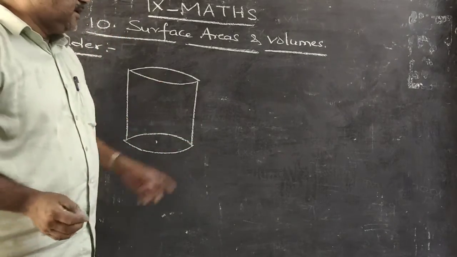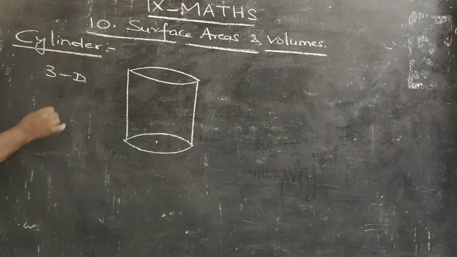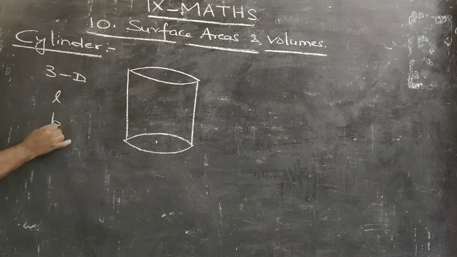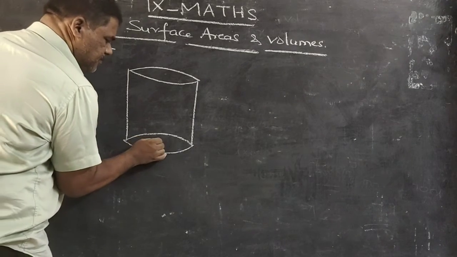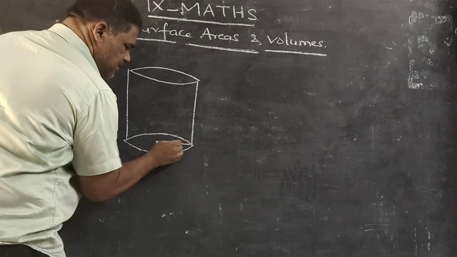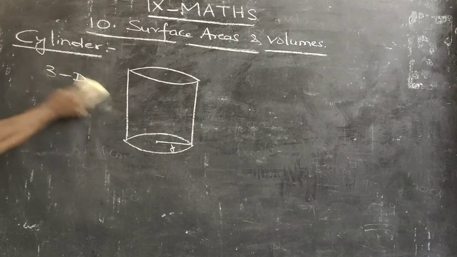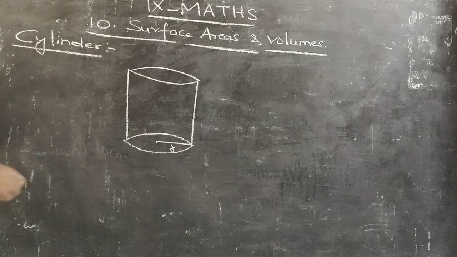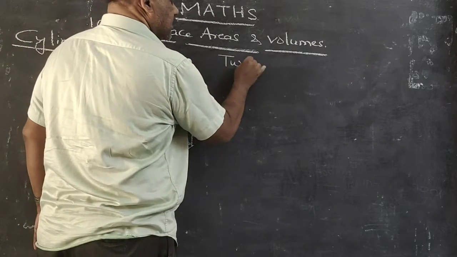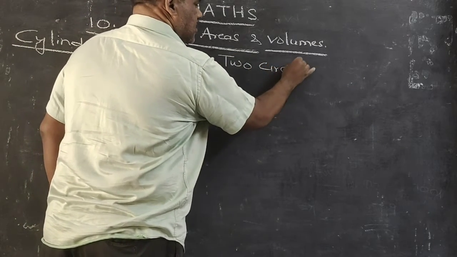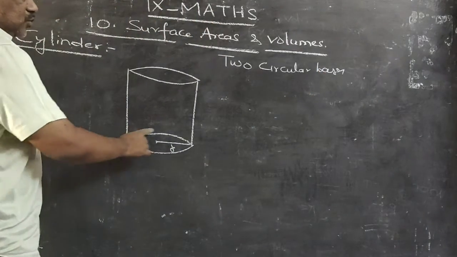This is a cylinder, which is a three-dimensional object, that is, it has length, breadth and height. So here, this is base radius. This cylinder has two circular bases.